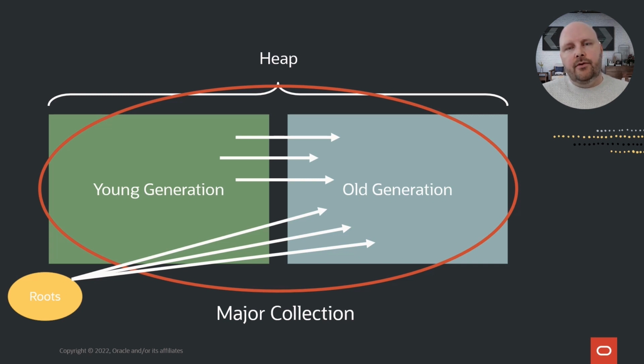We found pointers in objects living in the young generation pointing into the old generation. These two sets of pointers will give us an accurate picture of what's live and what's garbage in the old generation.